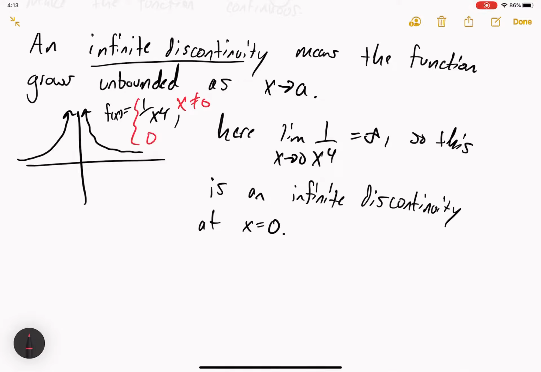You could say 0 at x equals 0. This way you still have a vertical asymptote at x equals 0, and you still have this discontinuity, but a function doesn't always have to be undefined there. We can put a point there, and we still have the same things as before. Just a little note.